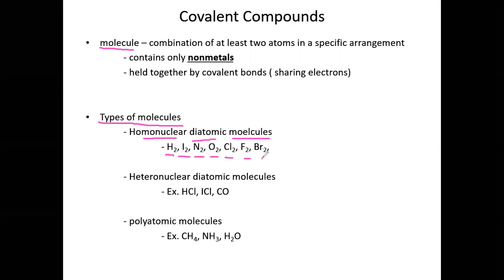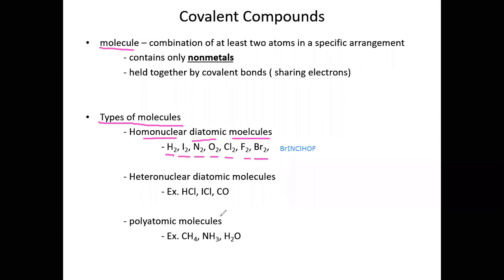So hydrogen, iodine, nitrogen, oxygen, chlorine, fluorine, and bromine all exist in nature as diatomics. Whenever a problem mentions hydrogen gas, it's referring to H2 gas. A neat little acronym to remember this is BrINClHOF: bromine, iodine, nitrogen, chlorine, hydrogen, oxygen, fluorine.